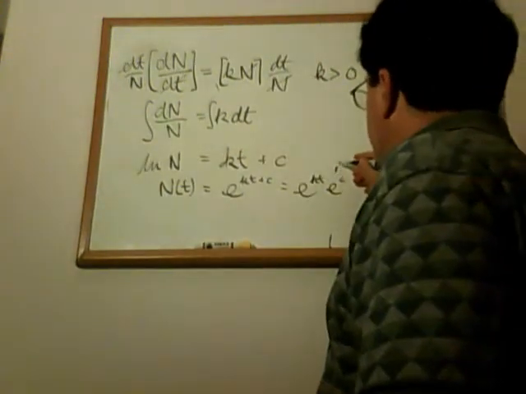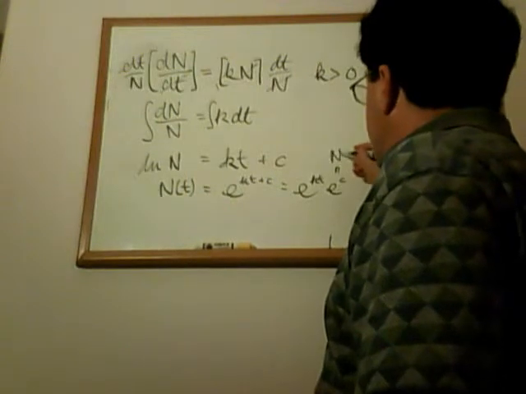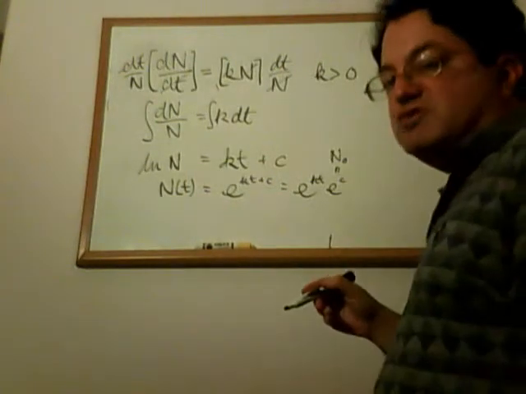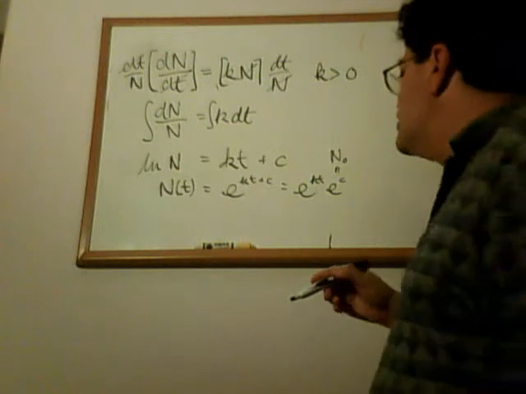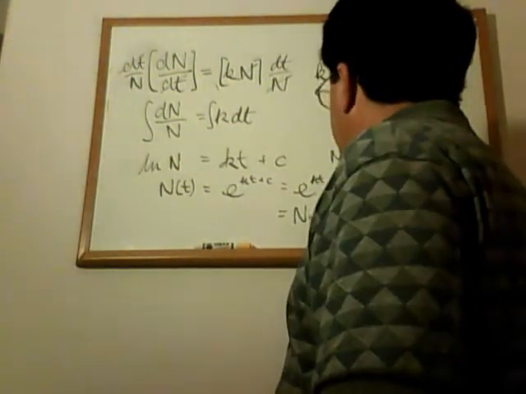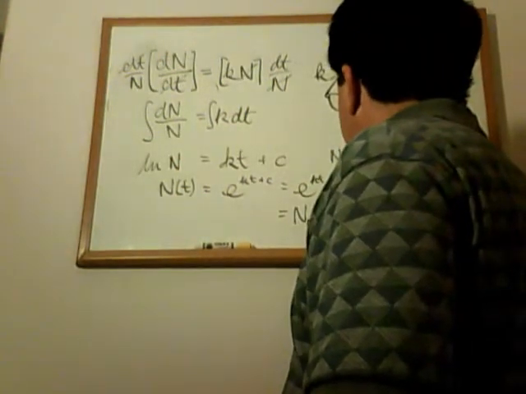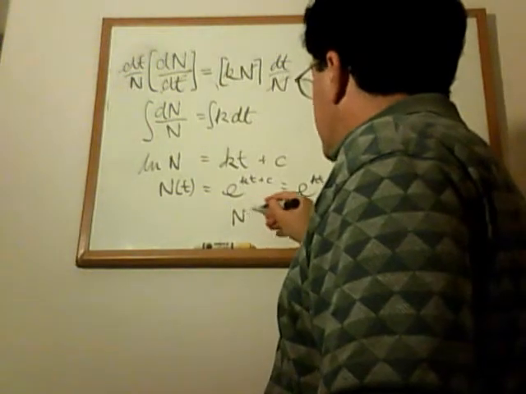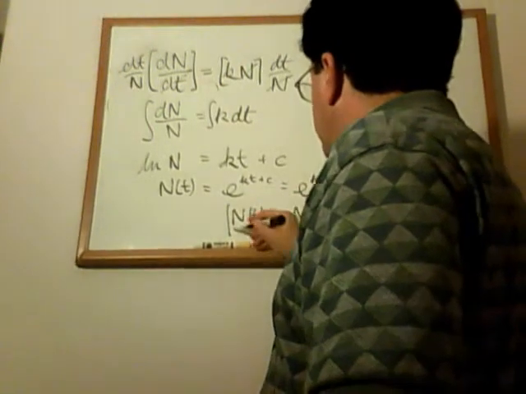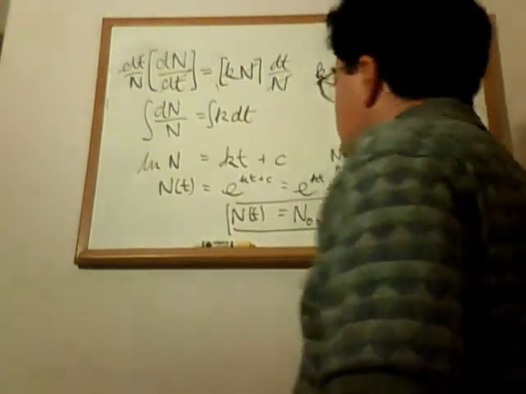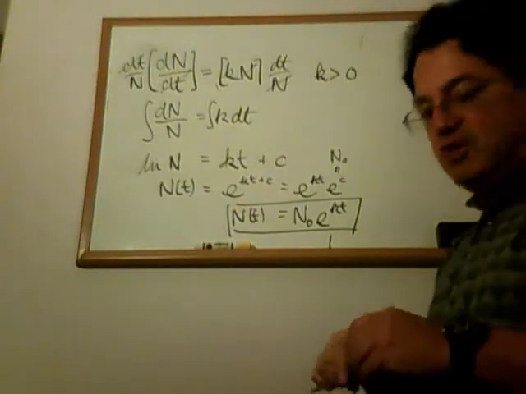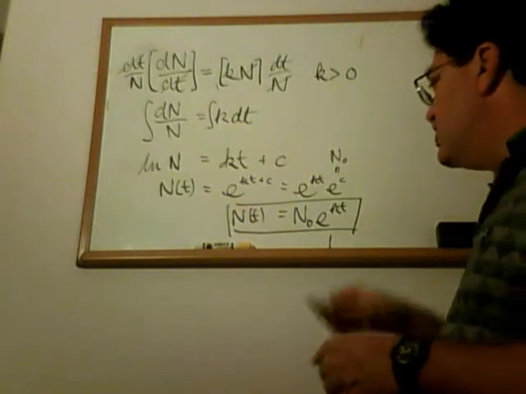And we can rewrite e to the c as N0. N0 is just a positive constant. So we get N0 e to the kt equal to N of t.